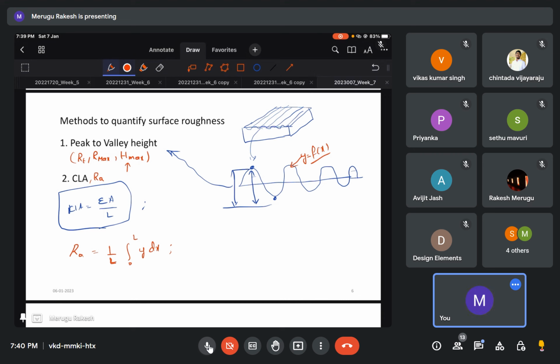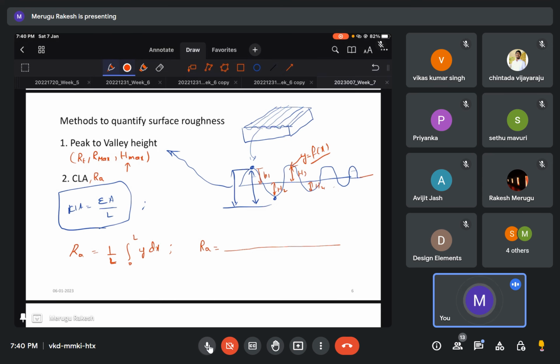And suppose they have given you values from the datum line, say this is H1, this is H2, that is the peak and valley heights, H3, H4 and so on.